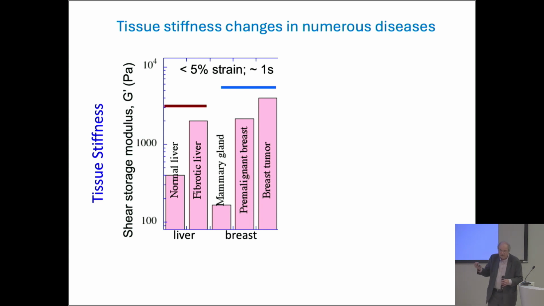And this is why physical palpation works as a diagnostic test. You can tell the presence of a growing tumor because, at least in some tissues, that tumor is stiffer. So you can feel it before you can see any obvious disease traits.